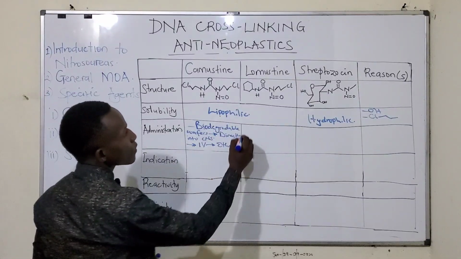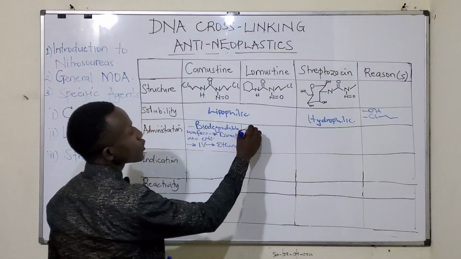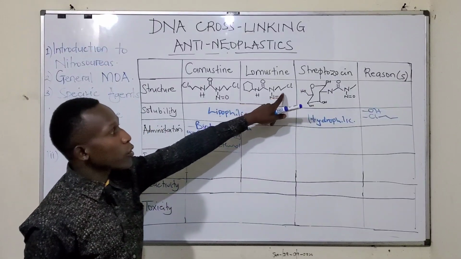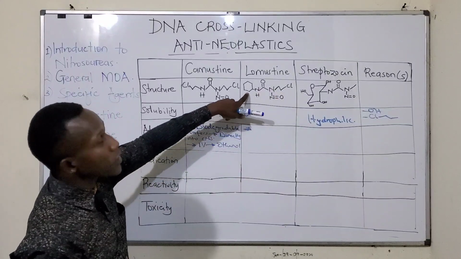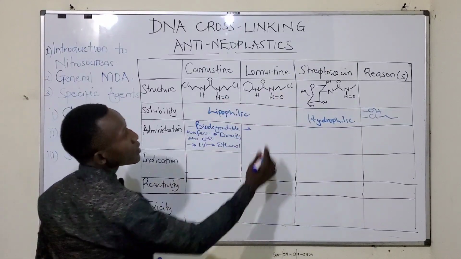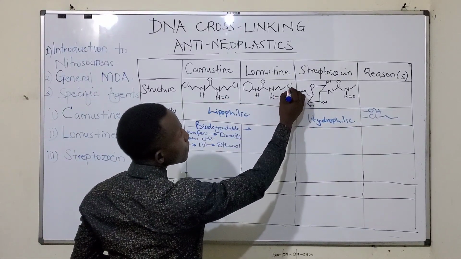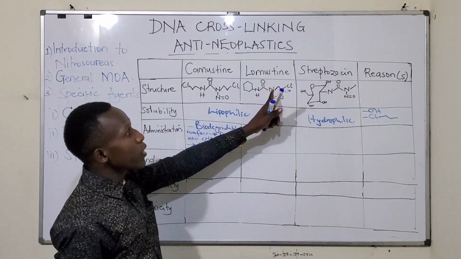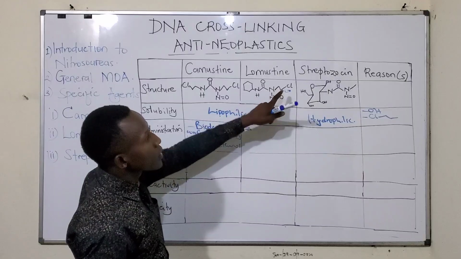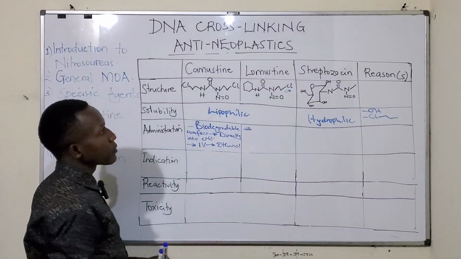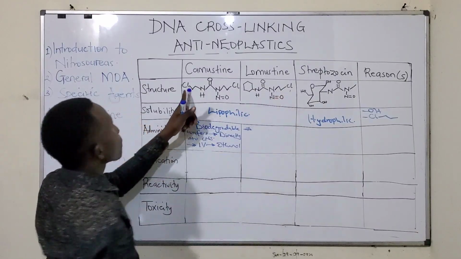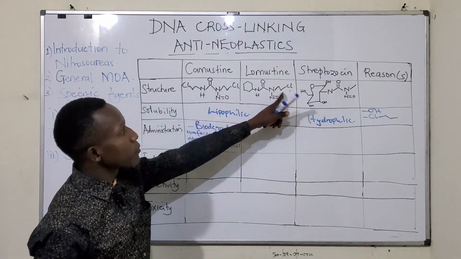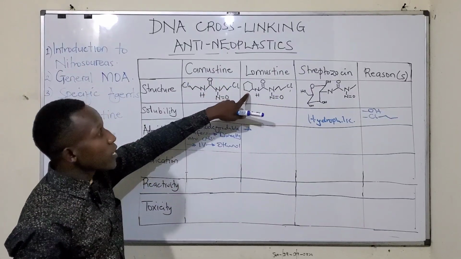For lomustine, we have the chloroethyl group, but also the cyclohexane. We said that this chloroethyl group is highly electron withdrawing. It increases the reactivity of the drug, meaning we shall have the carbocation. Yes, we have the reaction taking place. But for carmustine, we have two of them, and here we have only one, and we have the cyclohexane.